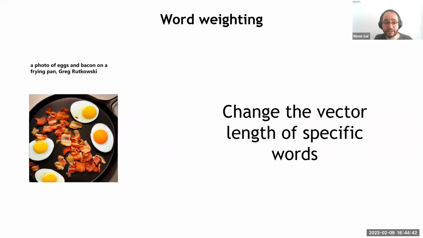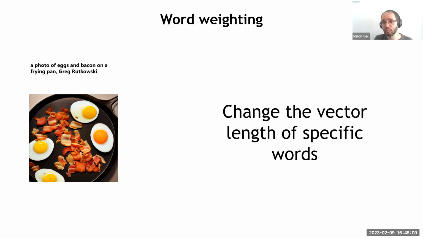Okay. Finally, the last method is something that is typically called attention weighting in the UIs that implement it. And what it does is basically it takes the conditioning vectors that we produce from the text encoder, and it increases or decreases the length of the vector in a specific word's index, right?